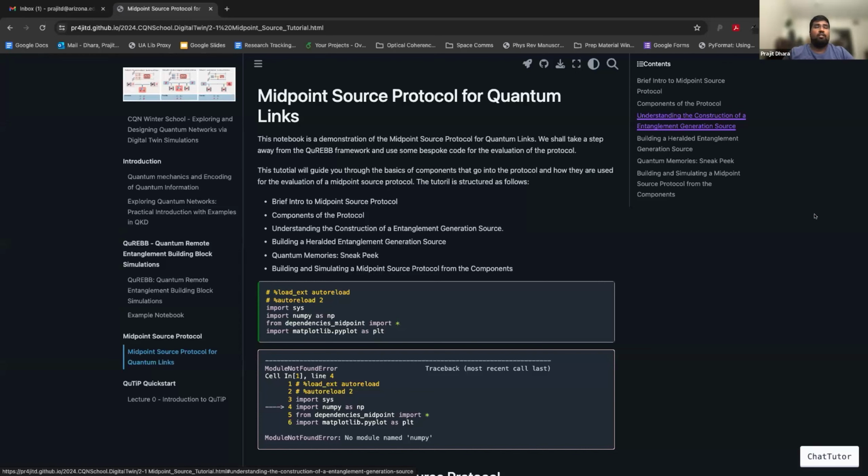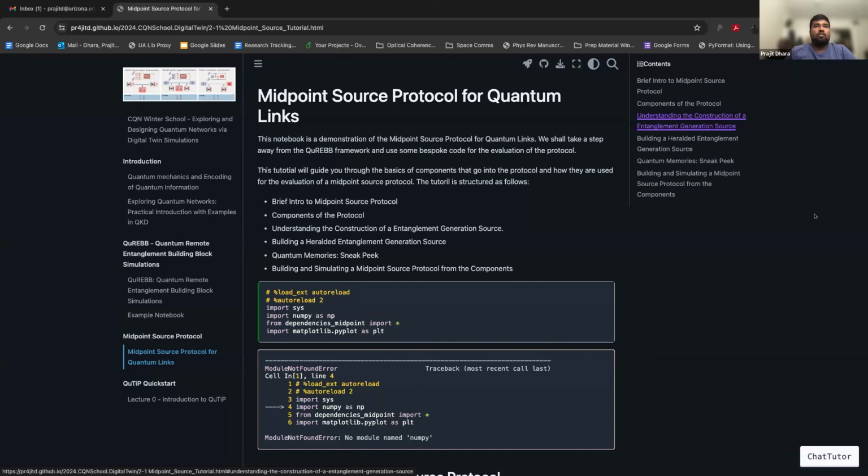So my tutorial will go through the basics of the components that go into the midpoint source protocol, and I'll also talk about how to evaluate it. The structure is that I'll first give you a brief intro and talk about the components of the protocol. There'll be some overlaps with what has been discussed already, but I'll very quickly go through those overlaps just to refresh our memory.